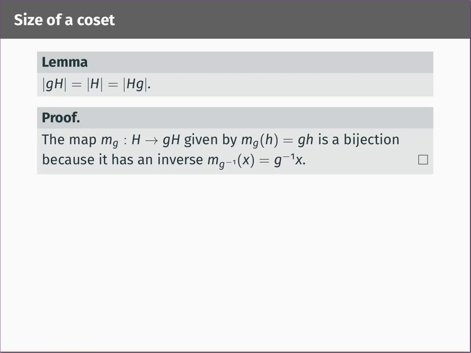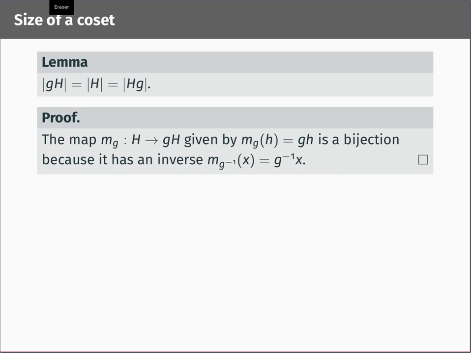Okay, let's look at our last result then for this video, which is about the size of a coset. What it says is that the size of a coset of H, whether a left or a right coset, is equal to the size of H. And this actually is really easy to do. So I will expand a little bit on the proof here.